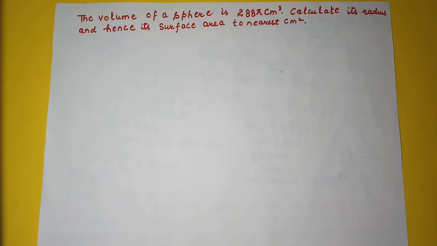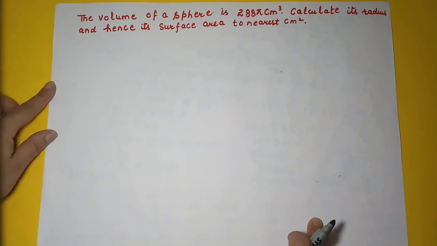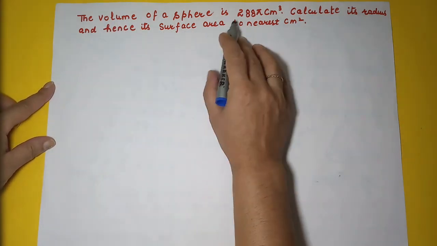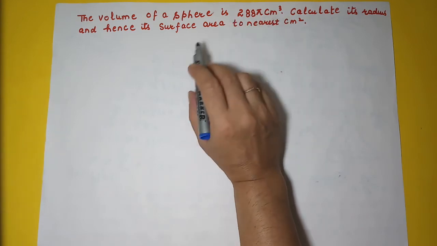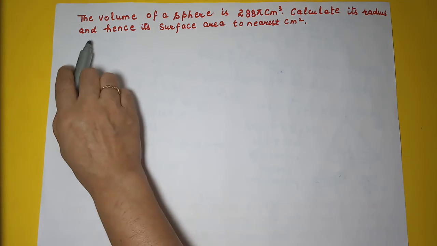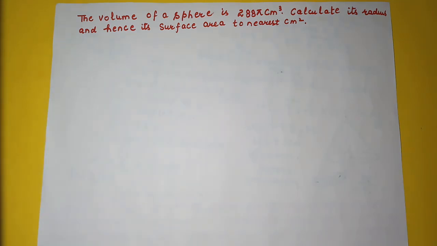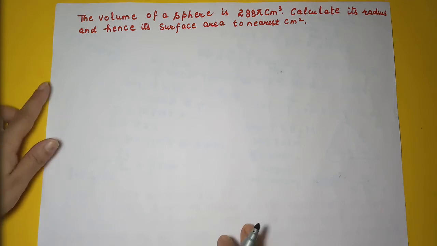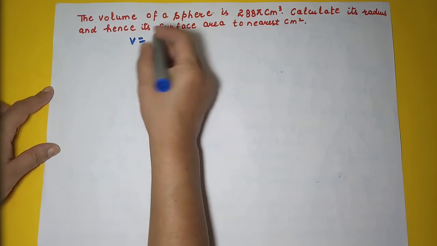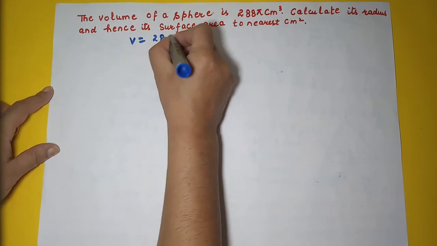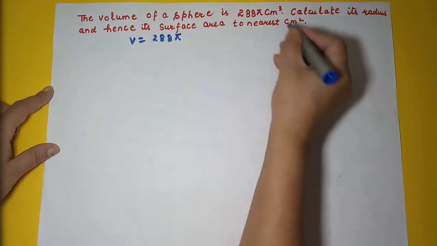Now we have another sum. In this, the volume of the sphere is given as 288 pi centimeter cube, and he wants us to calculate the radius, and once the radius is done, he wants us to calculate its surface area to the nearest centimeter square. Right? So let's write the data first. Volume is 288 pi. That's all he has given to us.